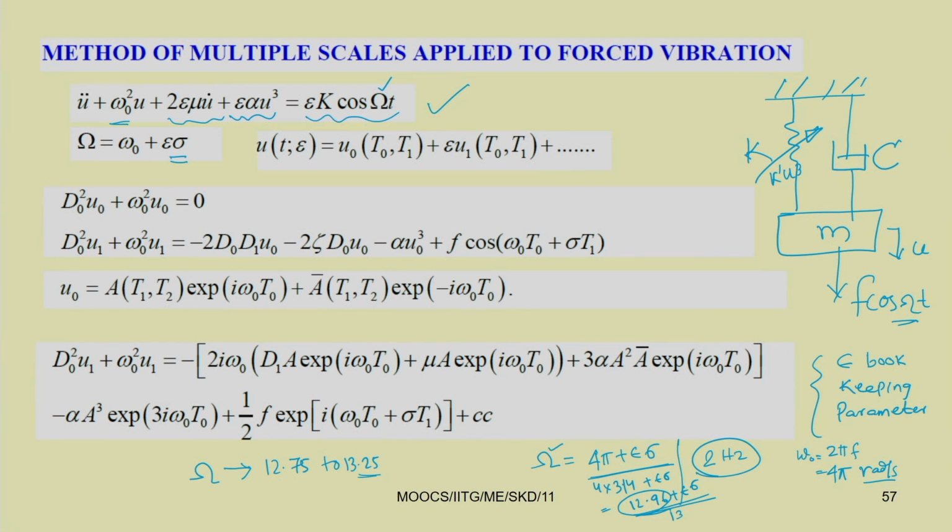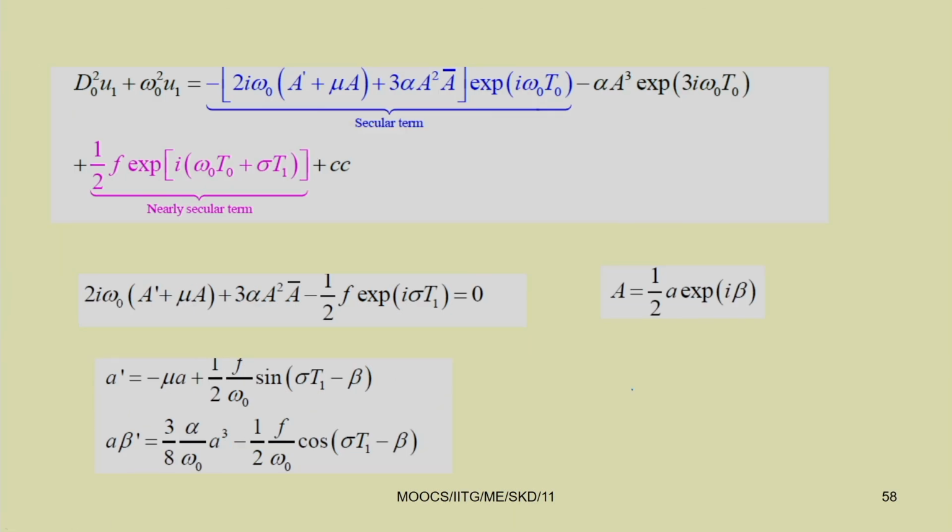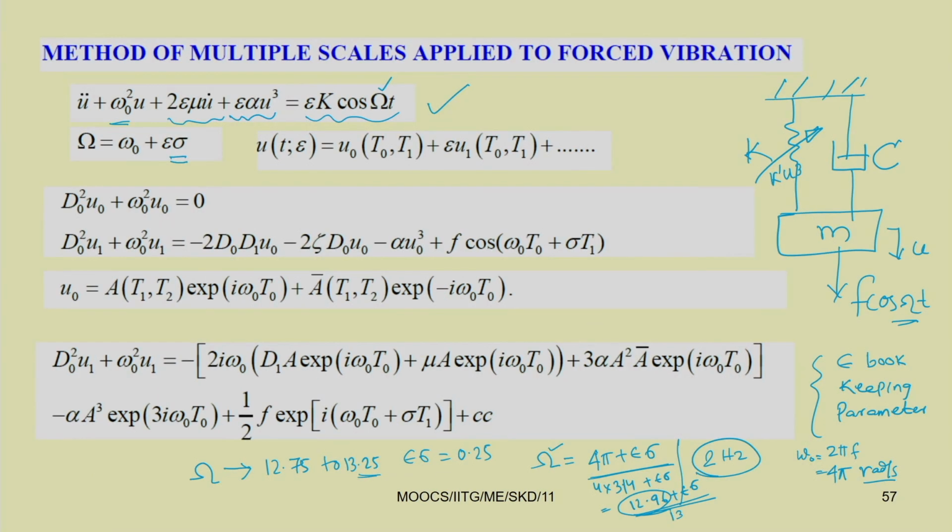Here we are taking epsilon sigma equal to 0.25, and taking epsilon equal to 0.1, so we can have the sigma value. If you write epsilon equal to 0.1, you can find sigma equal to 0.25 by 0.1.